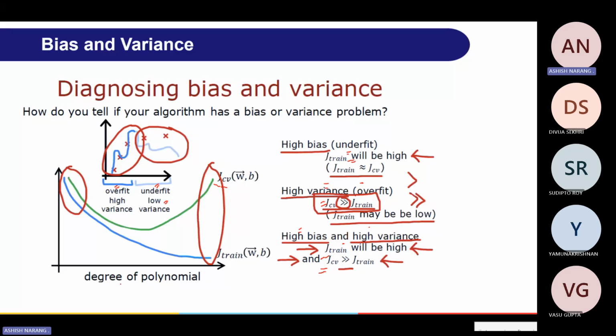So if you look at this part, degree of polynomial. As you increase the degree of polynomial, the model will kind of learn the overfitting part, right?